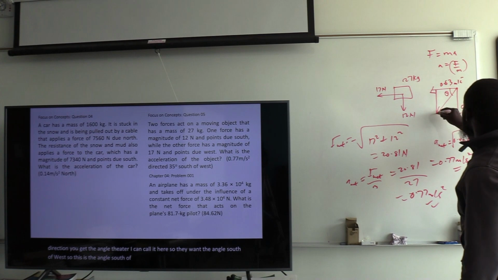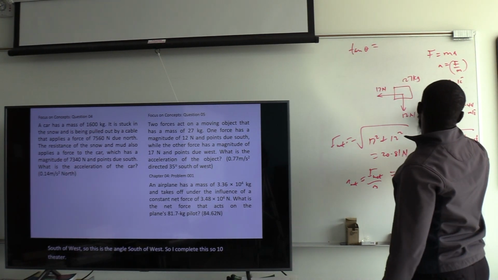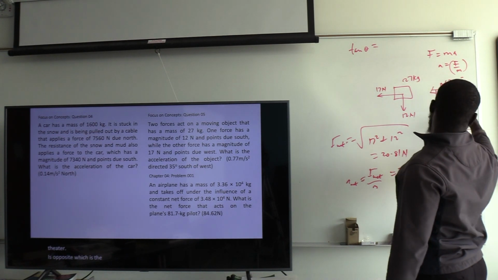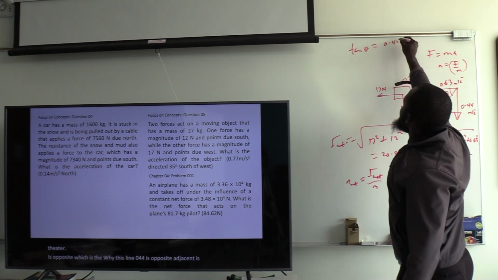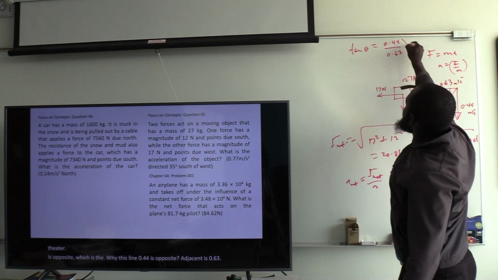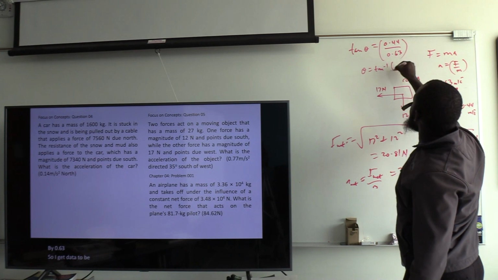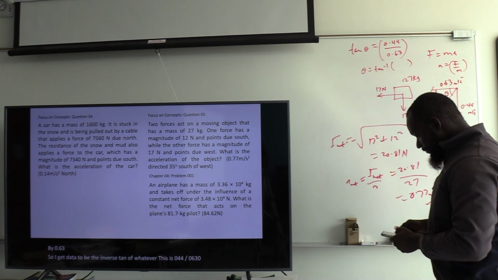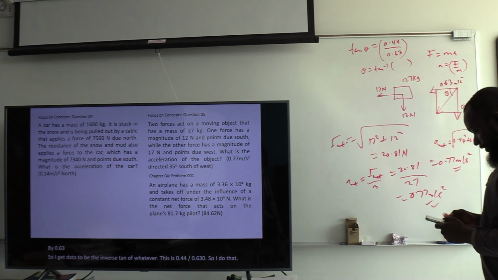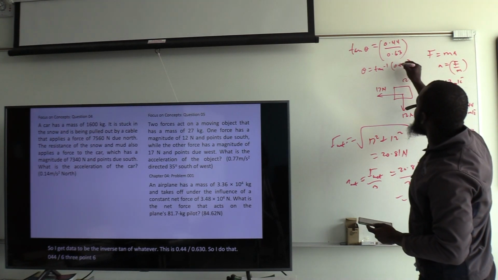So I complete this. tan theta is opposite, which is the y, 0.44, over adjacent, 0.63. So theta is the inverse tan of 0.44 divided by 0.63, which is 0.6984.